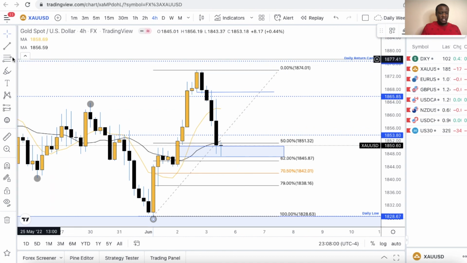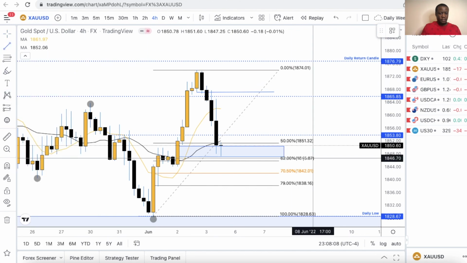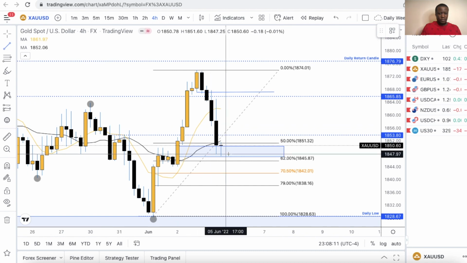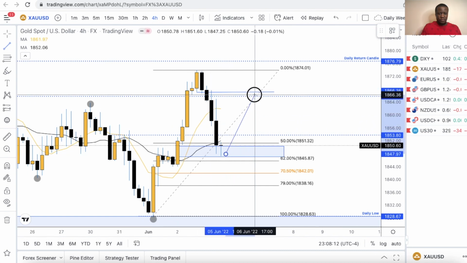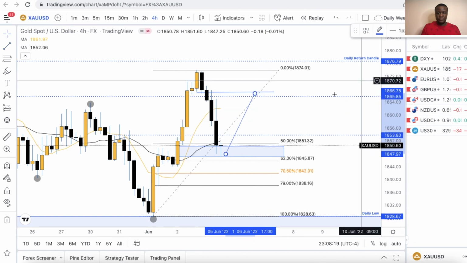So potentially the next move will be, like I said, to this level. You'll take partials right here.